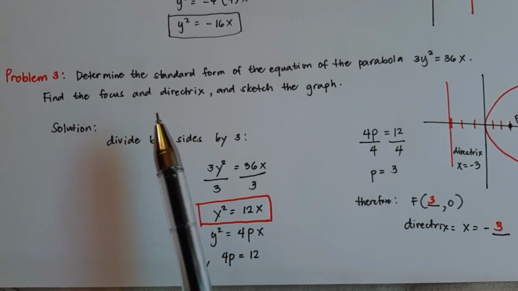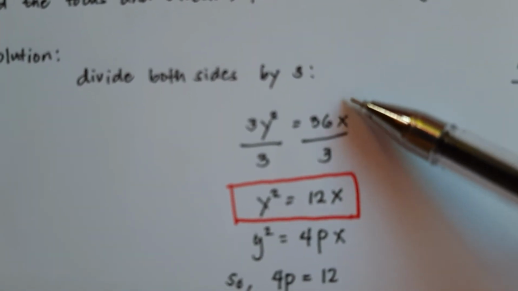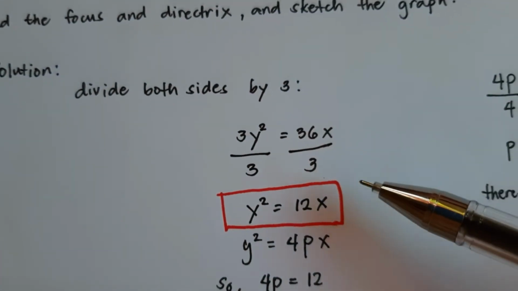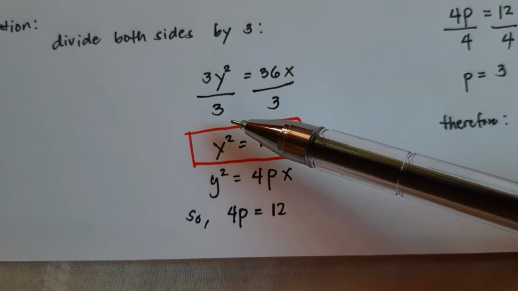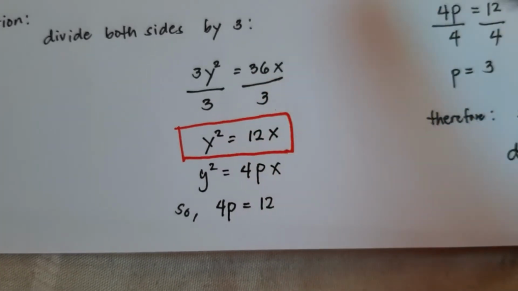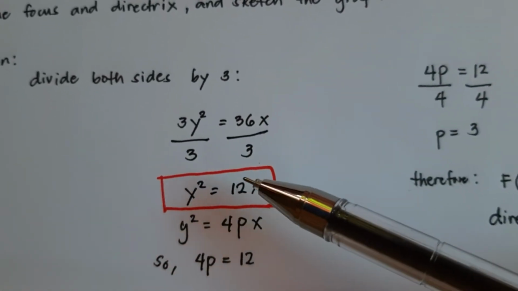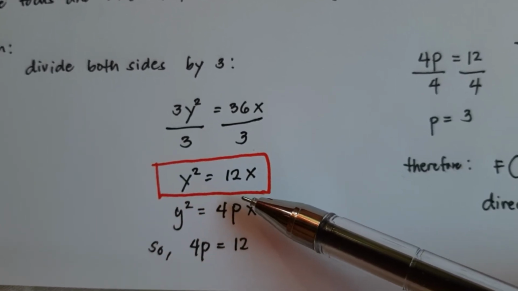So, ang unang gagawin natin ay you're going to divide both sides by 3 so you could get the standard form of the equation of the parabola. Okay, so 3y squared divided by 3 is equal to 36x divided by 3. So, dinivide ko lang both sides by 3. So, makakakuha tayo ng y squared is equal to 12x.